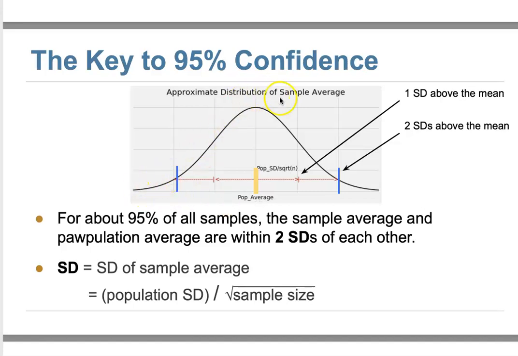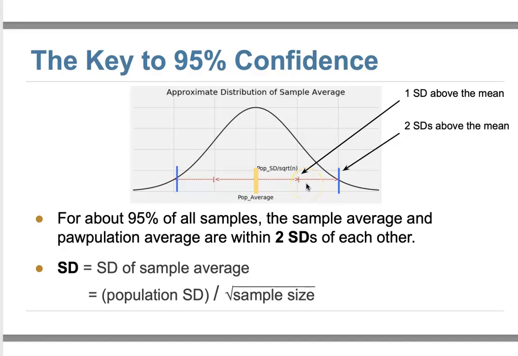Remember, this sample average is maybe 10,000 sample averages, and then we construct this distribution. That means for the 95% confidence interval, at least 95% of sample averages are in this range. On the other hand, we can also say our population average will be in this range as well.